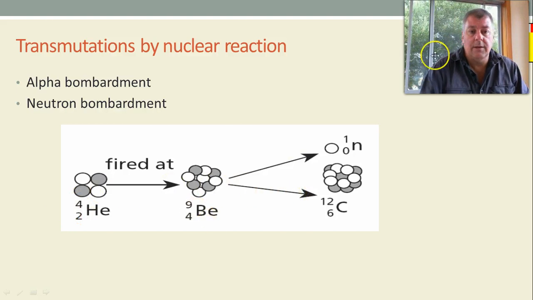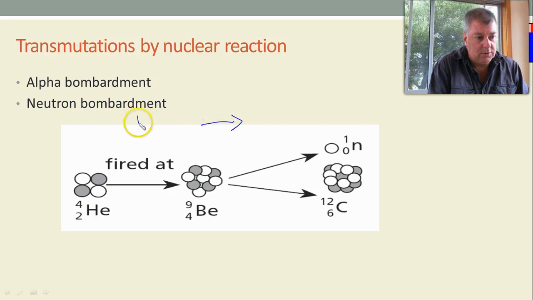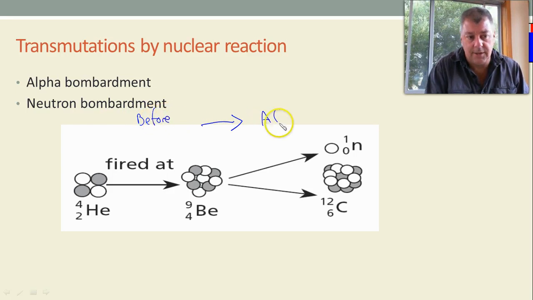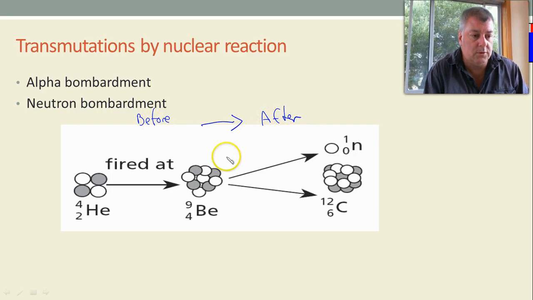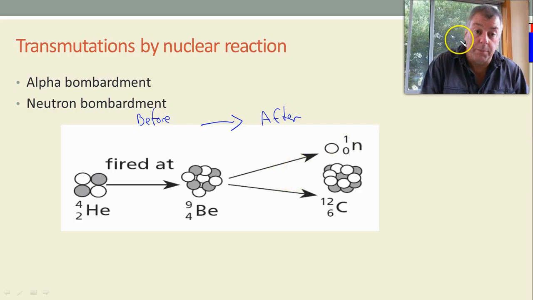Well, remembering that in terms of our equation we always have an arrow, and this would be the before and this is the after, and this works in chemistry as well. And so what are the before particles in this equation and what are the after particles?